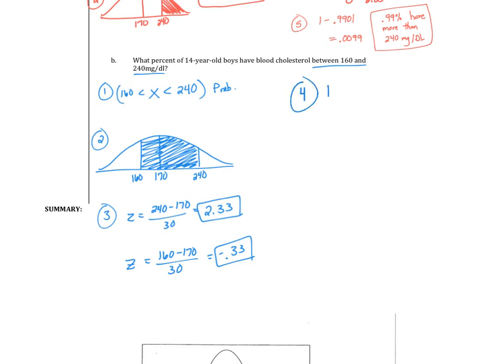So we want to find out what is the probability that the z-score is less than 2.33 and greater than negative 0.33. So what is the probability that z is in between those two numbers? We draw a normal curve.